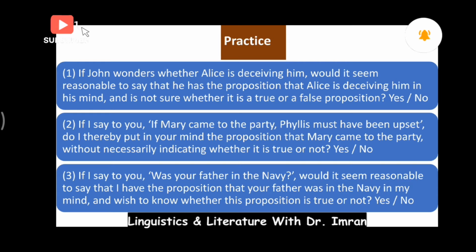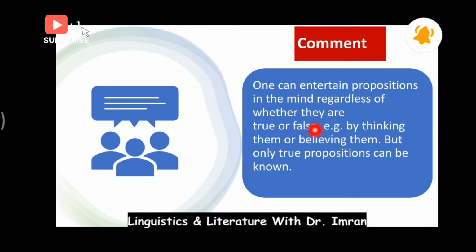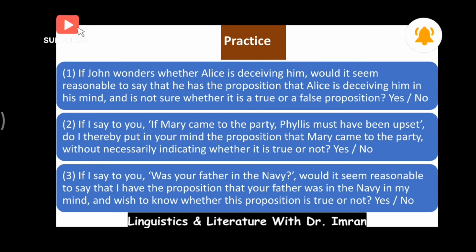It might be true or it might be false. Alice might be deceiving him or might not be deceiving him, right? But that is in his mind. So a proposition can be in your mind, as we learn here, regardless of whether it is true or false. So the answer is yes.